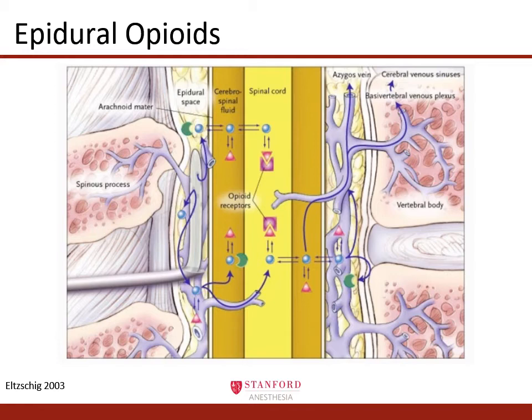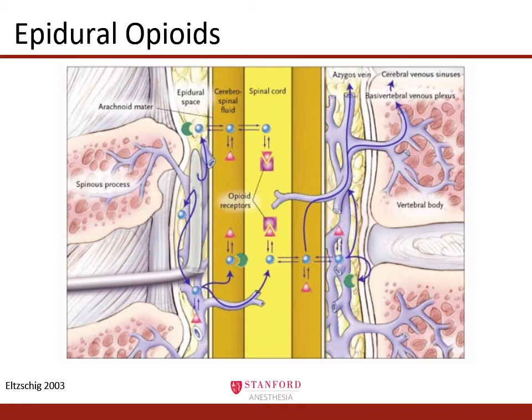Common opioids that we use for labor epidurals include the hydrophilic opioids morphine and hydromorphone, and the lipophilic opioids fentanyl and sufentanil. Epidural morphine we often use in a bolus dose of 1 to 5 milligrams, which has an onset of 30 to 60 minutes, and a duration of up to 24 hours, which can provide prolonged analgesia after delivery.